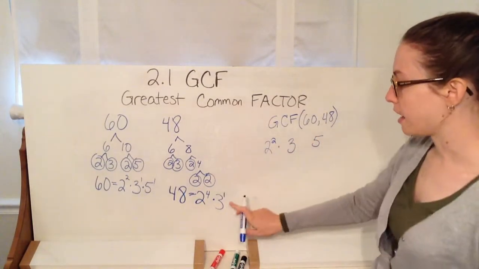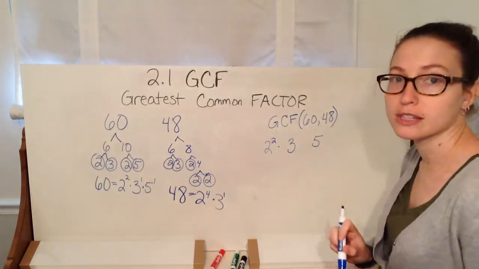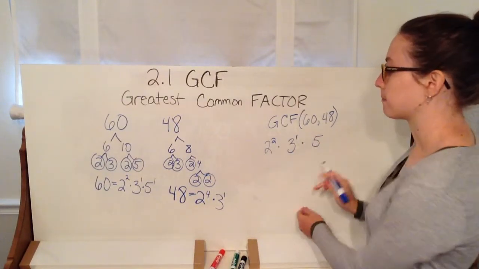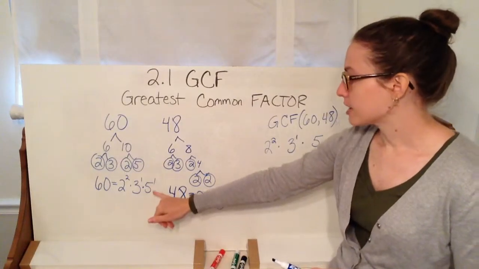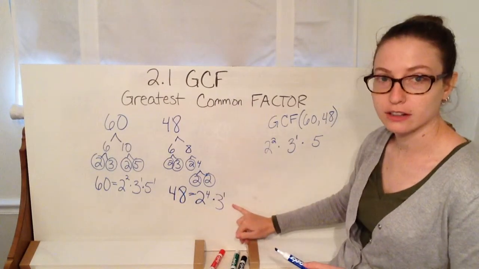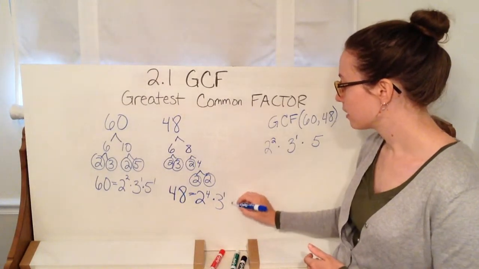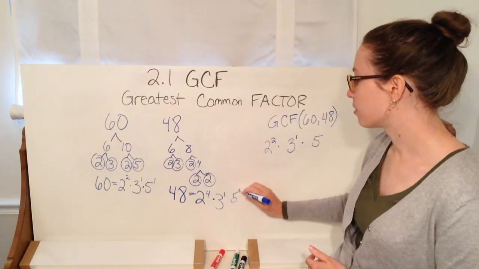On to 3's, I have a 3 to the first and a 3 to the first. The exponents are the same, so that's got to be the smallest one. Our exponent is 1. Now, when I come to 5, I notice that there's a 5 here, a single one, but there's no 5 here. And therefore, there can be considered a 5 in this one to the exponent of 0.